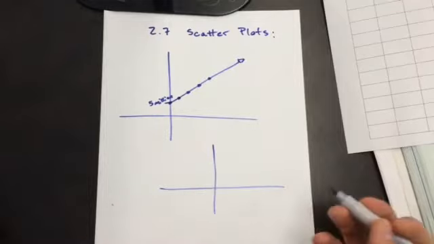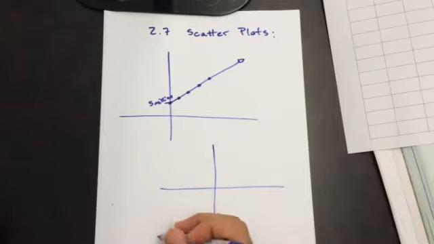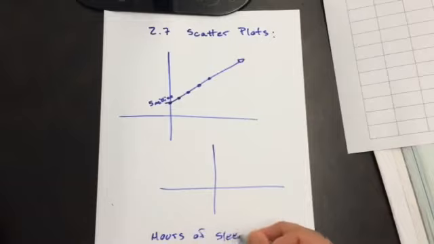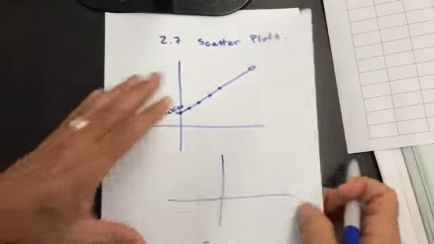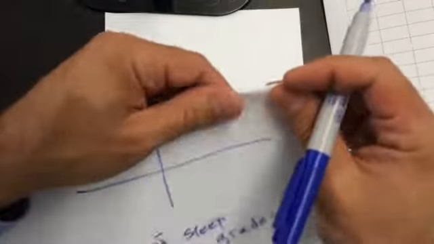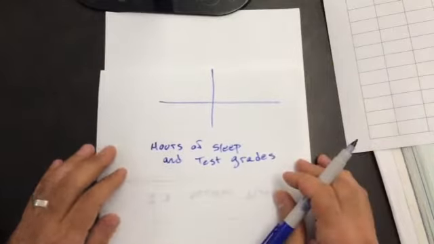So if I say there's a connection between the amount of hours of sleep and test grades. And I'm noticing that's just off of the screen, barely, so I'm going to fold this. So hours of sleep and test grades.